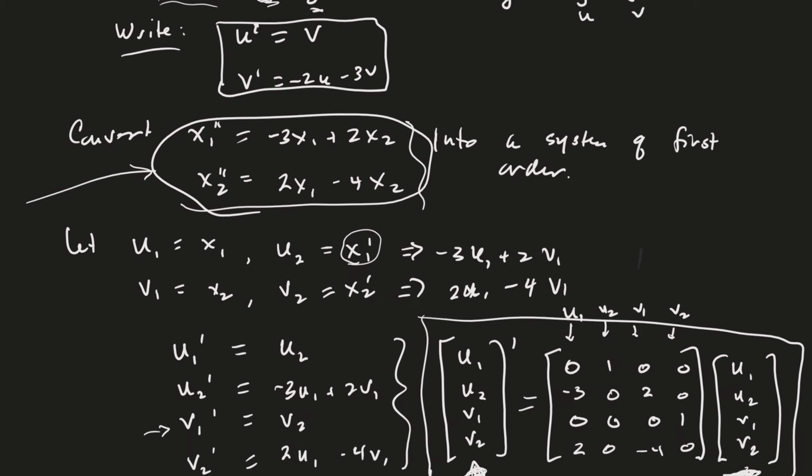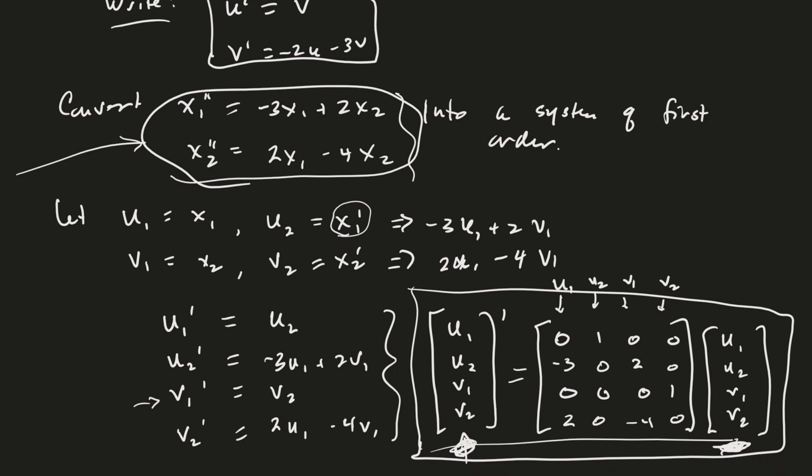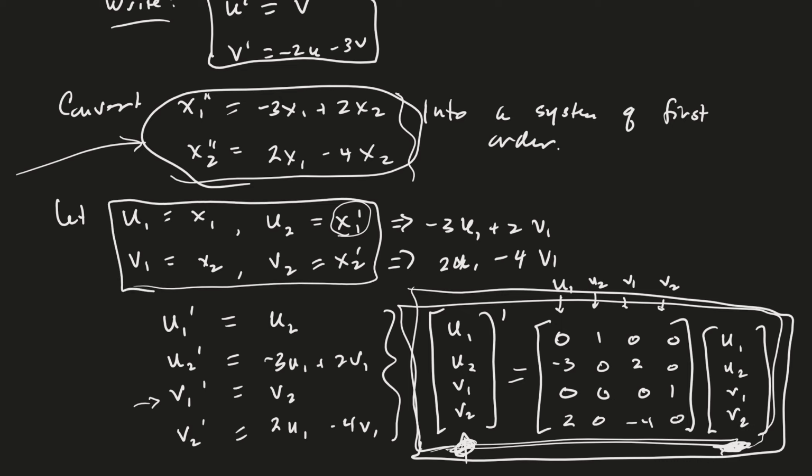Okay, and so again, it's really important to be able to convert these into systems of first order in order to use any kind of numerical solver. And we're using the same trick that we learned in differential equations. We're introducing free variables, or new variables, in order to make that into a system of first order. Very good.